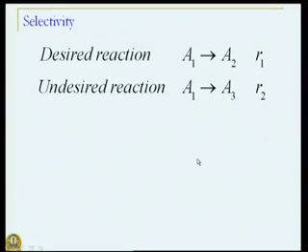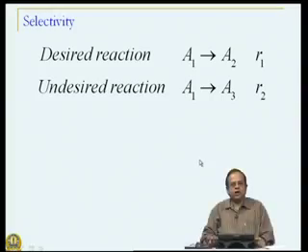Let us go back to our example: we have the desired reaction A1 going to A2, accompanied by an undesired reaction A1 going to A3. Then conversion of A1 alone is not sufficient for design of the reactor, because it does not tell us how much of that A1 is actually going to A2, which is what we want as a product.